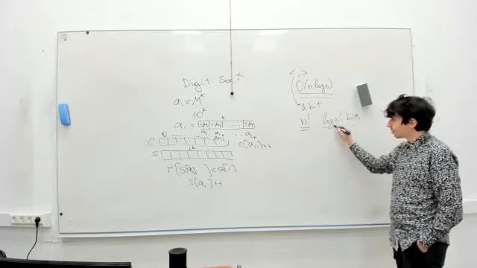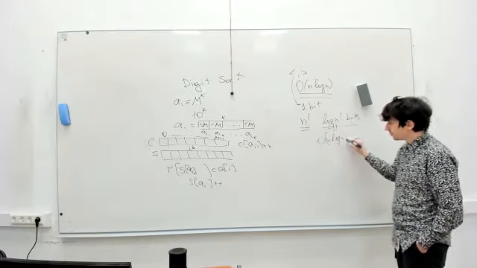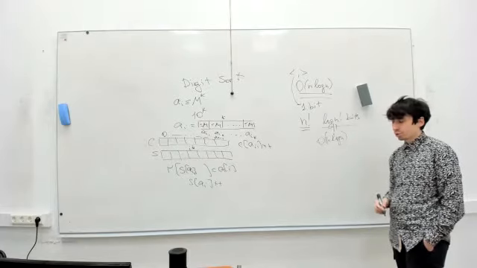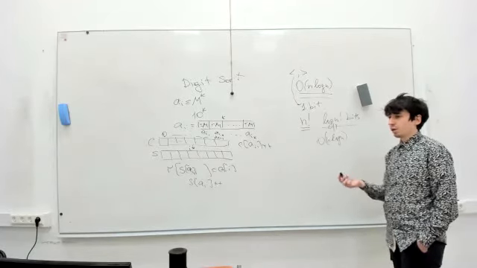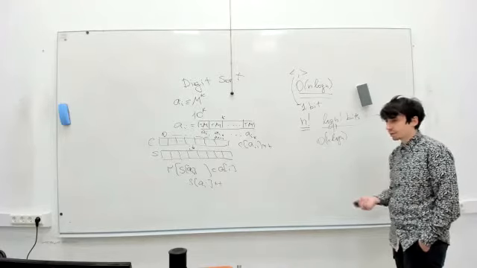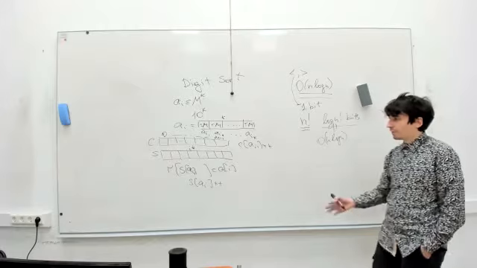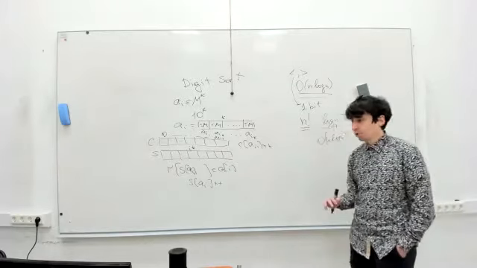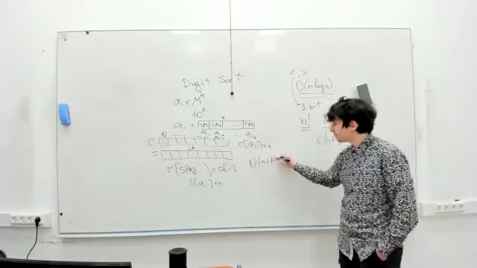But log n factorial itself is n log n. So using only comparisons cannot give you an algorithm which works faster than n log n. However, in this algorithm, we could do faster, right? We could do it in O of n plus m.